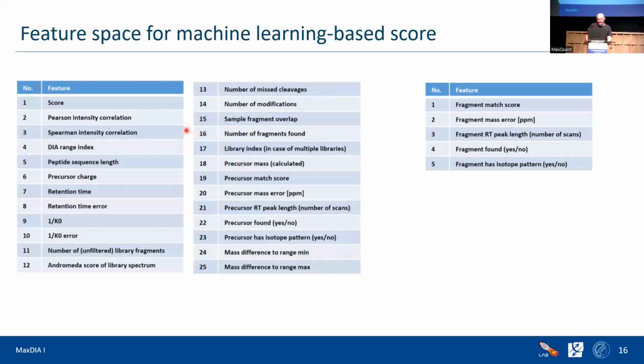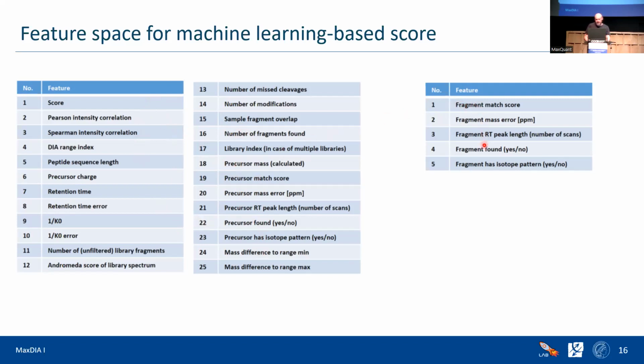And so basically we want to use, on top of the score, which is already an output of another machine learning layer, other features of the match to again get some kind of next level score, which then is used for doing the false discovery rate calculations. And you can see here the features that go into the score. So we have a feature space that is about 100 dimensional. You have these 25 features where you have one feature per match.